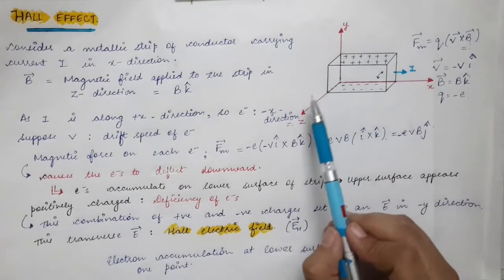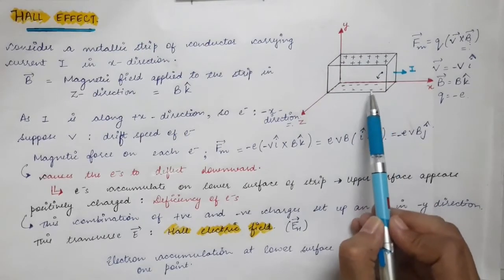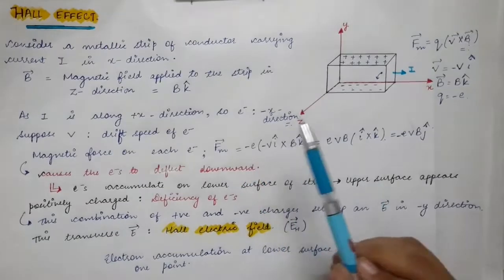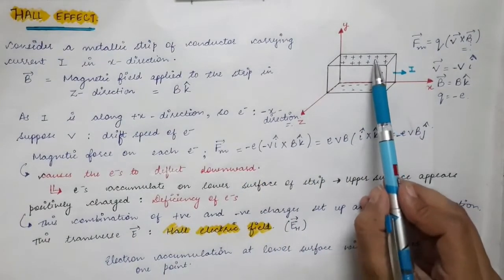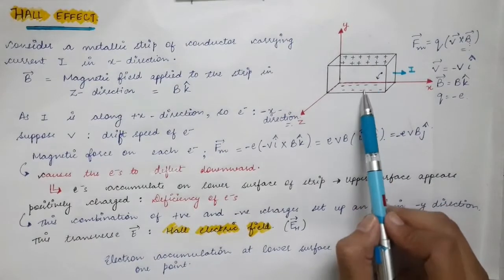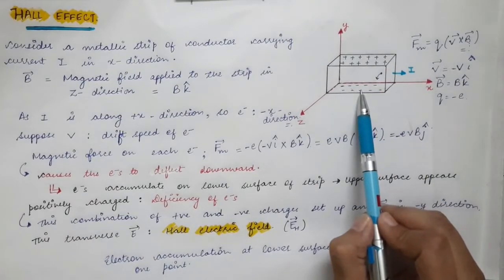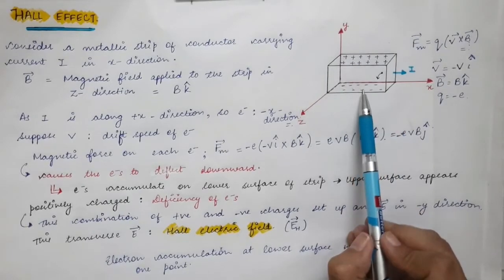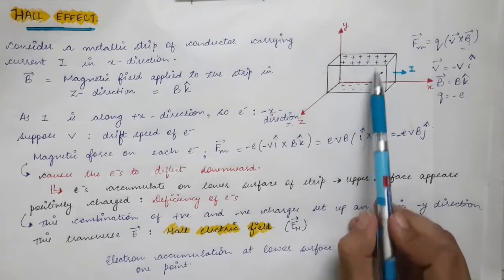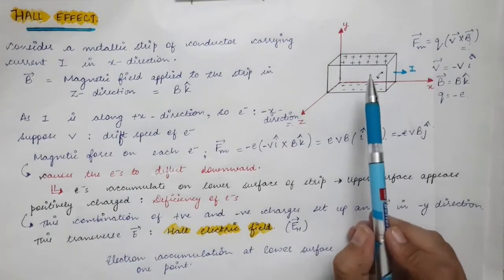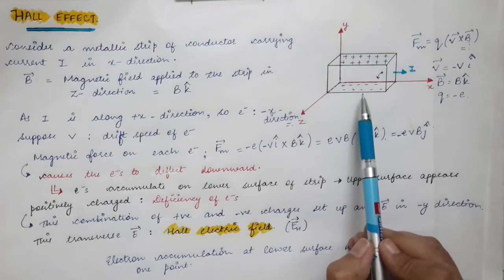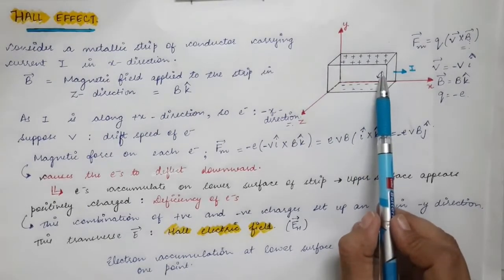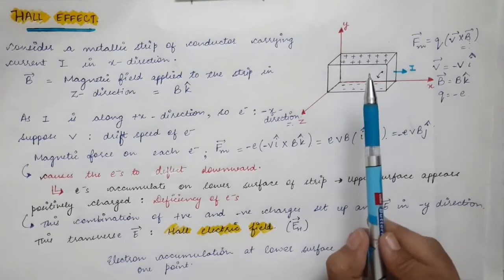When you just apply the magnetic field and electrons are getting accumulated on the lower surface, the magnetic force is greater as compared to the force due to the Hall electric field, or due to the charges which are getting accumulated on the two surfaces. But with time, the electric field set up across the two surfaces increases due to more accumulation of charges, and due to this increase in electric field, the force acting on the electron due to this electric field will also increase.